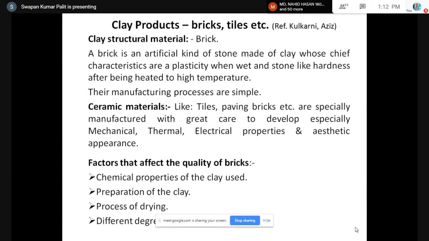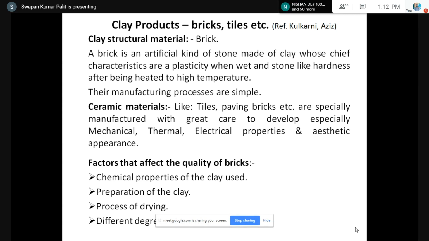4 factors. First of all, what are the components of the clay you have to consider? Then how the clay is prepared for making brick. Clay can be prepared in various ways, but what is the process? And also after making brick, in which process are you drying the brick?